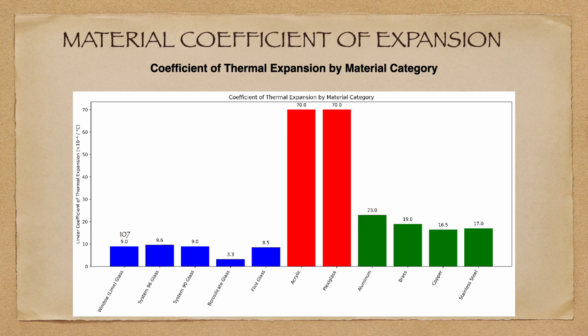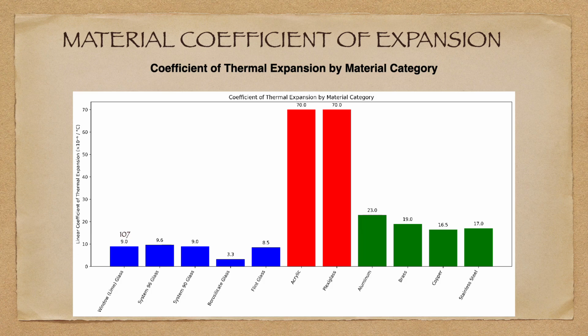Window glass or float glass is usually about 107. Then many companies are making fusible glasses that are described as being System 96 or System 90, with their respective coefficients being that.